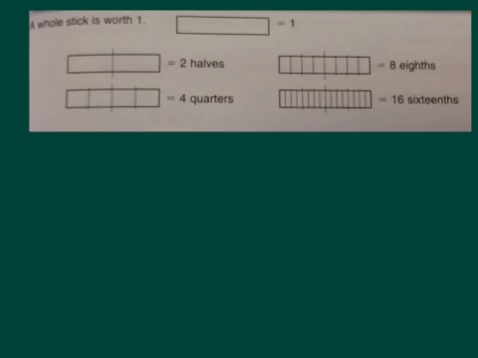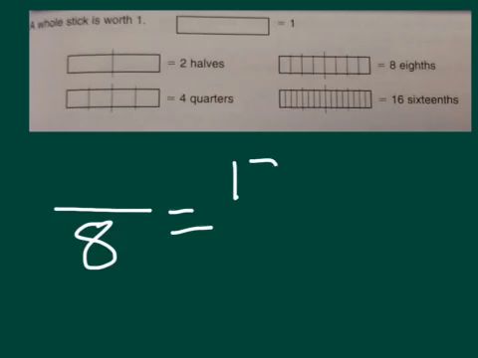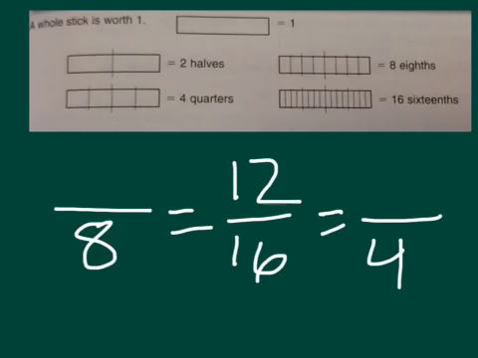So let's look at letter B on that same page. We have a certain number of eighths, we don't know how many, equals 12/16, we do know how many, equals a certain number of fourths. Let me change the color again. So let me find my 12/16.